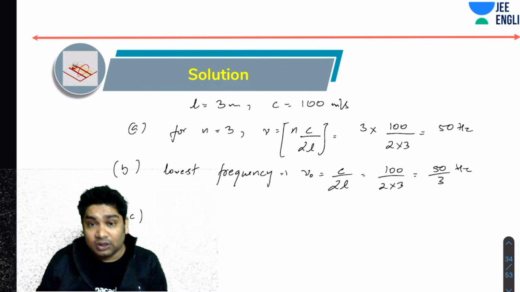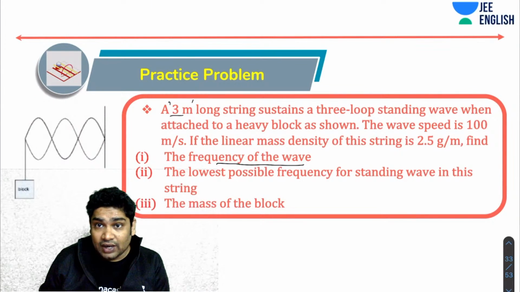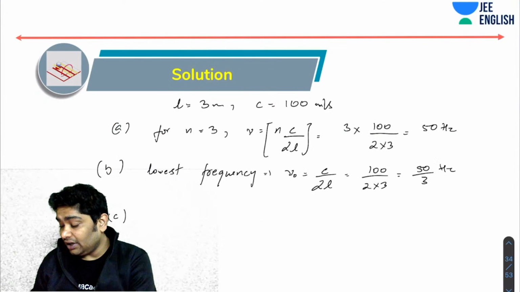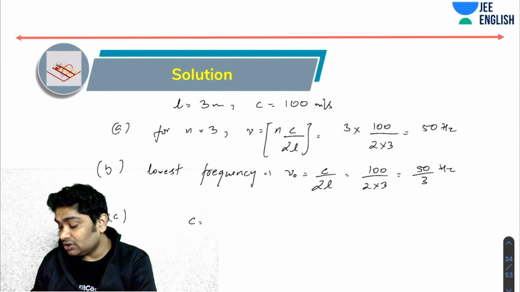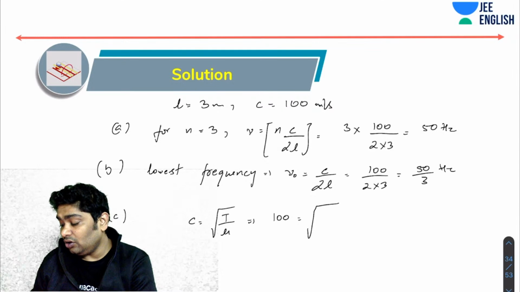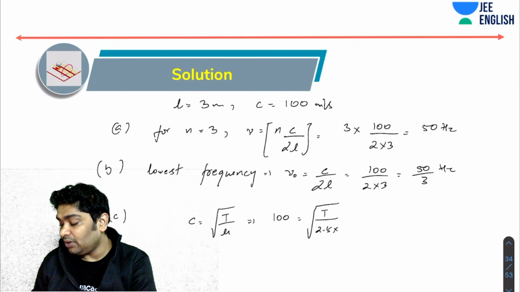Now let's talk about part C. Part C says, what is the mass of the block? I know c, I know the mass density. So I know that c equals root T over mu. So 100 equals root of T over mu. Mu is 2.5 into 10 to the power minus 3.